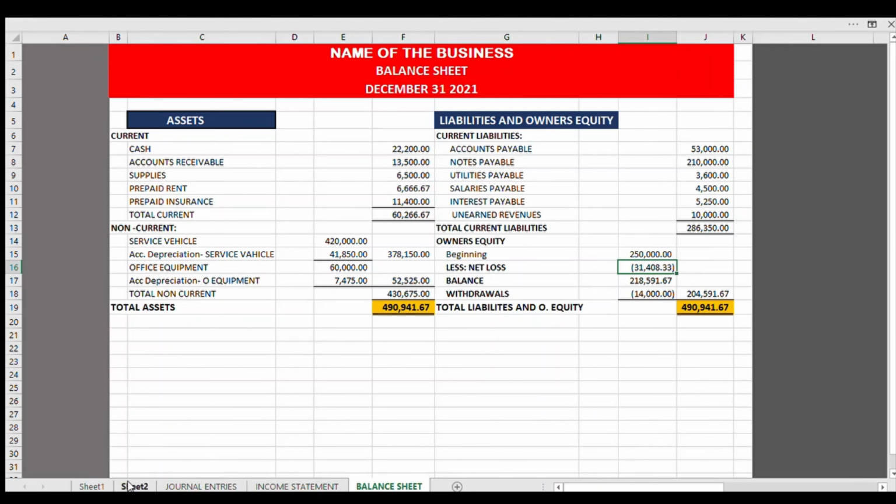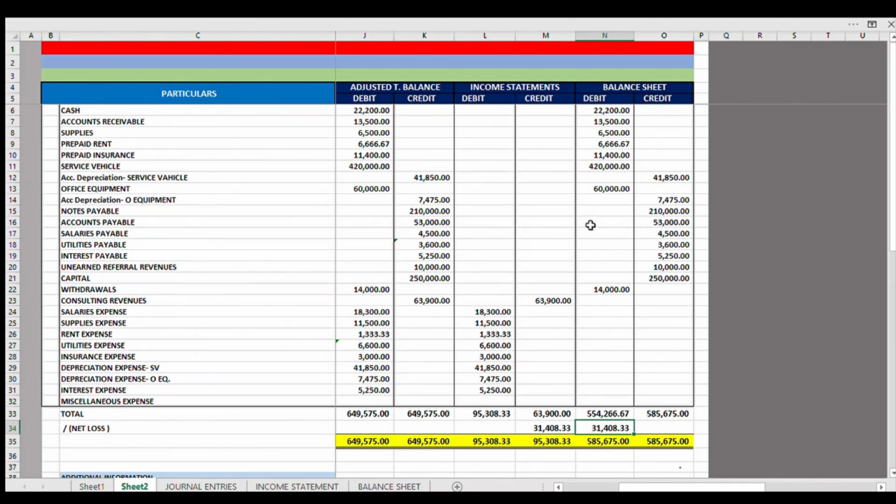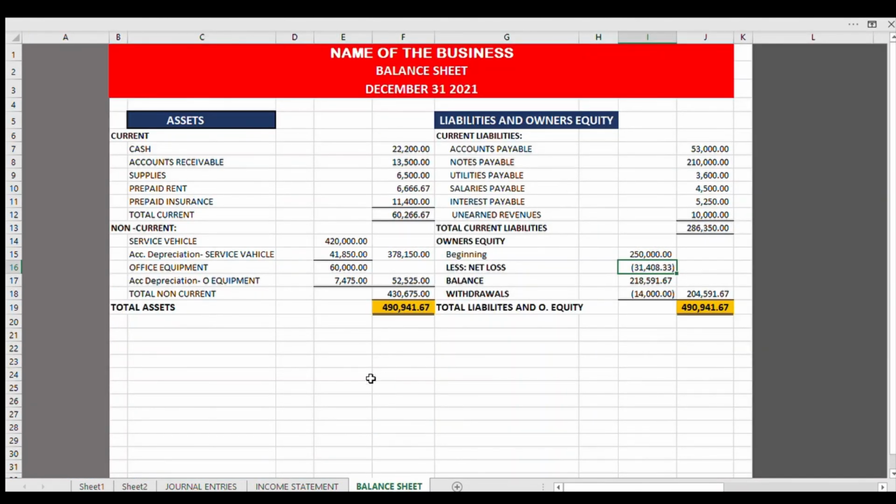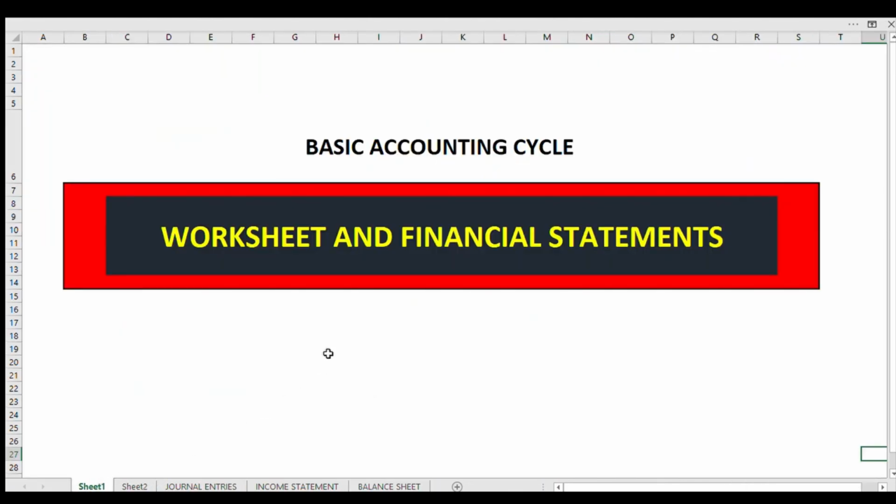Once again, this is the worksheet that was included in our explanations and demonstrations today, just to give you a full knowledge of this particular topic, which is the basic accounting cycle pertaining to the worksheet and financial statements.